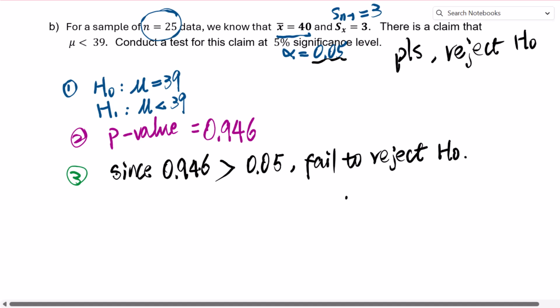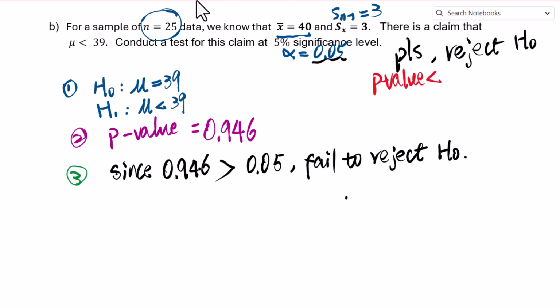P stands for p-value. L stands for less than. S is significance level alpha. Then reject HO. Otherwise, fail to reject HO.